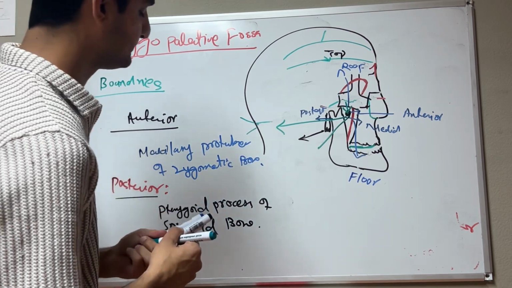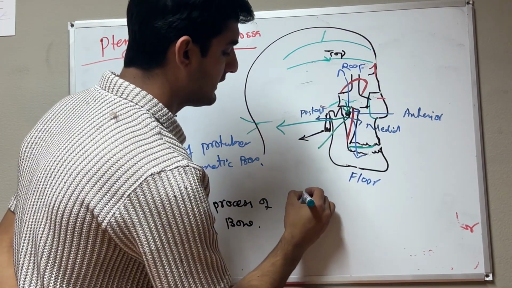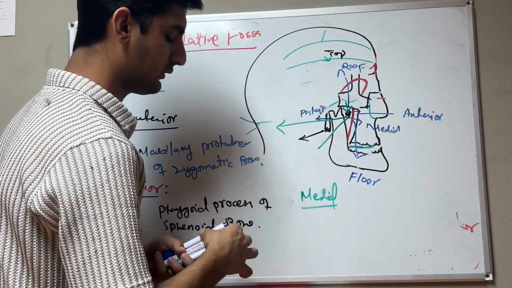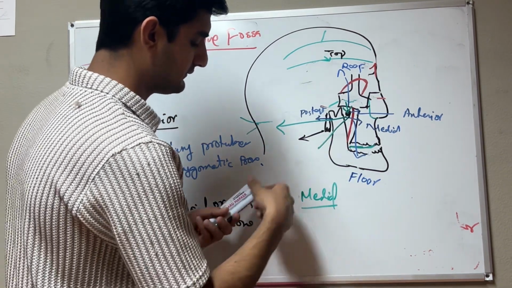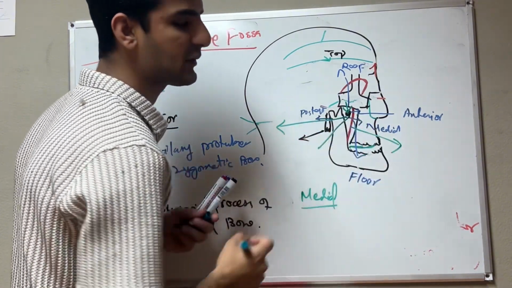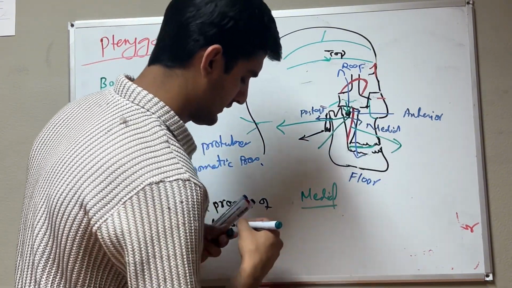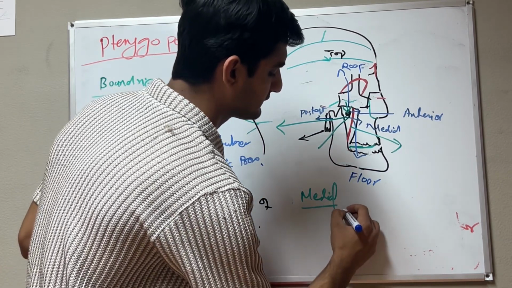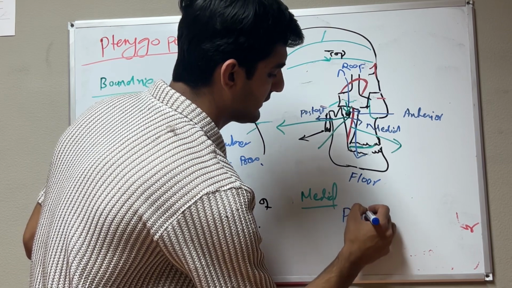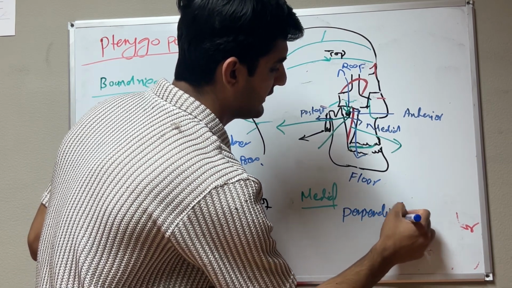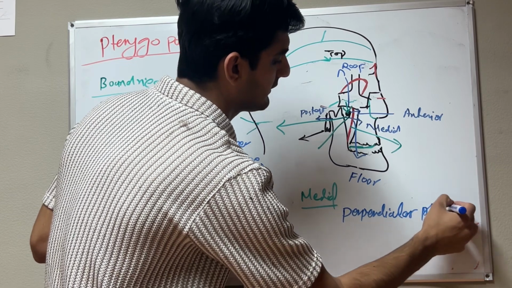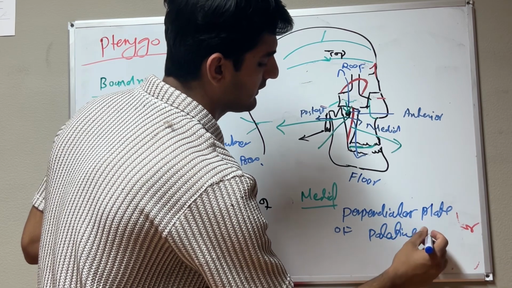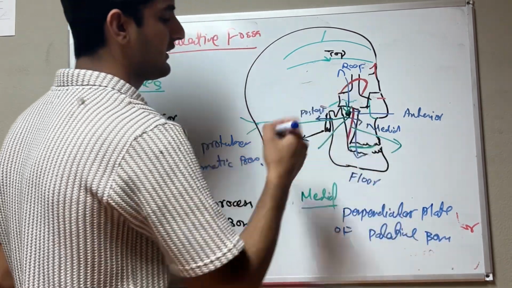Now we will go to the second, medially. What do we have immediately, do you remember? This is the perpendicular plate of the palatine bone. The perpendicular plate of the palatine bone is located medially.